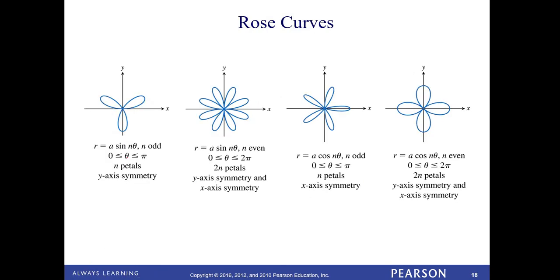These are our rose curves. Depending upon whether this number is odd or even, the rose curves look different ways. Symmetry is different. They have different numbers of petals. So again, by looking at any function that looks like this, any of these, you can tell what the function or the graph will look like.